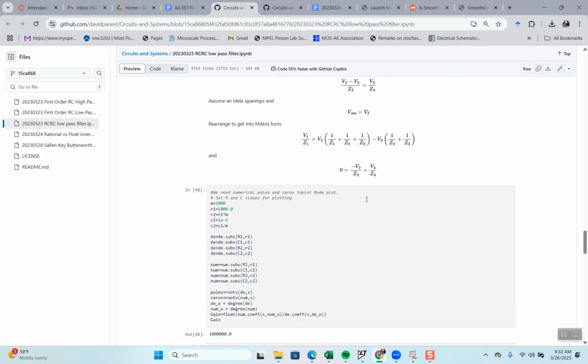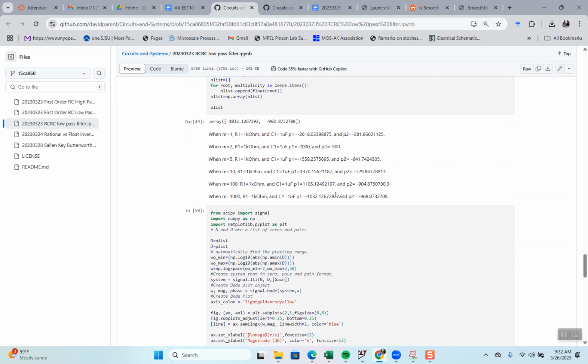I'm not going to go through that today. You can read that on your own. But down here, you'll see I have to kind of guess. I say M should equal 1, that ratio. Okay, if that's true, R1 is a kilo ohm and C1 is this, then the poles are this, and I'm just kind of seeing where it goes.